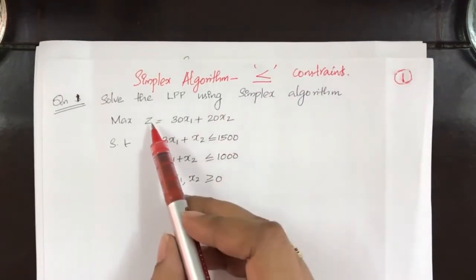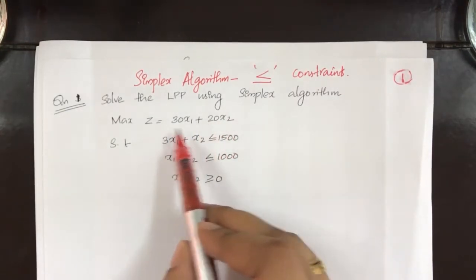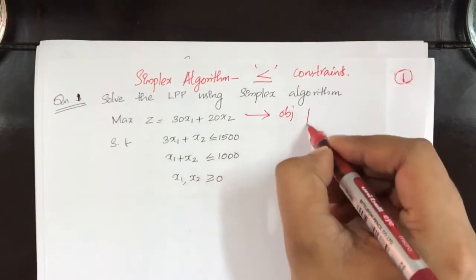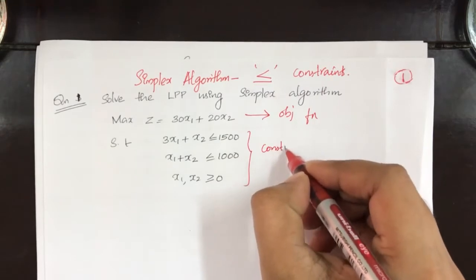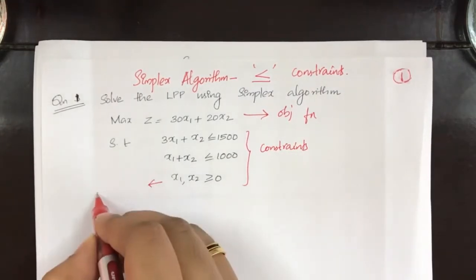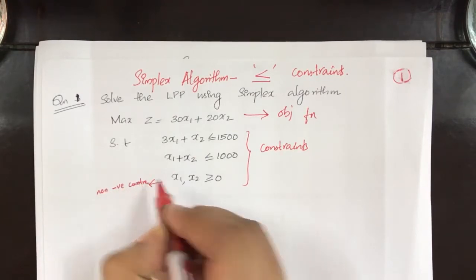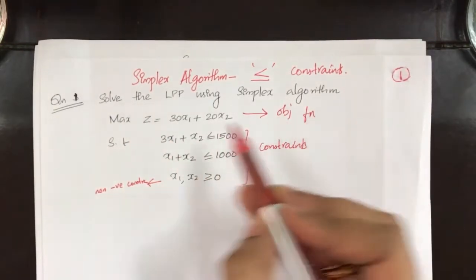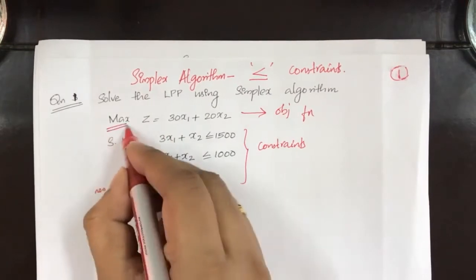You know the question is maximize Z. So this is known as the objective function, and these are the constraints, and this is the non-negative constraint. Okay.